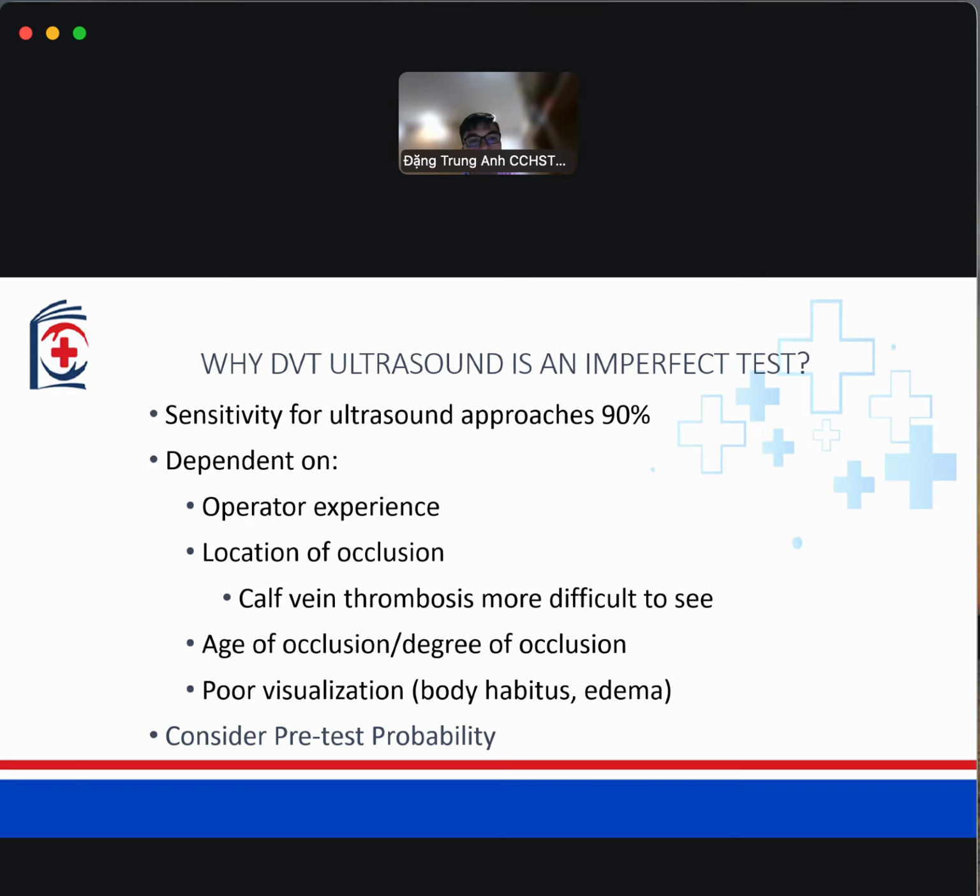It depends on the location of the occlusion. For example, if the thrombus is in the calf vein, it is more difficult to see than in other positions. It depends on the age or the degree of occlusion, and it also depends on the visualization of the patient.